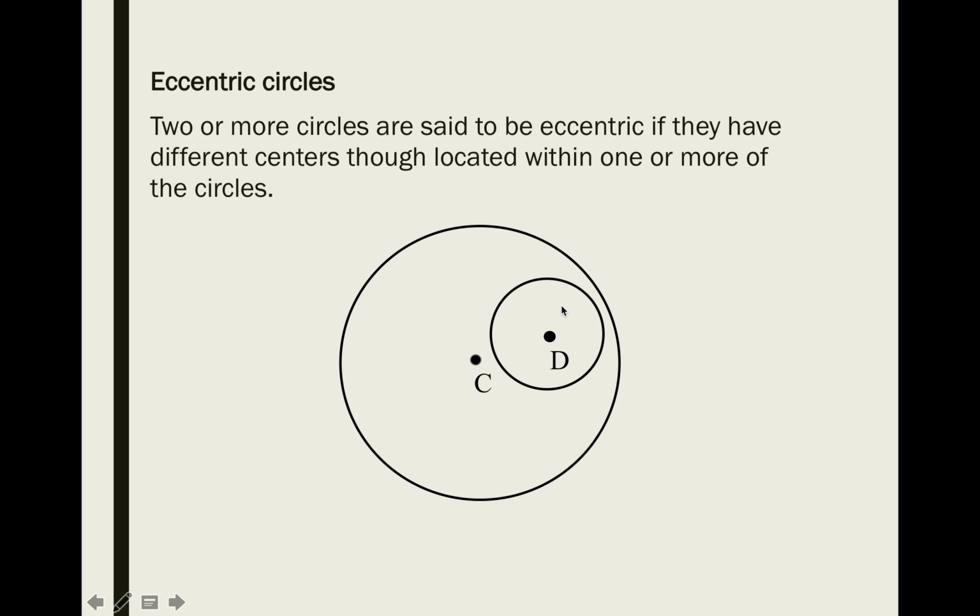So here I have a circle, but the center for this one is C. The center for the smaller one is D. However, they're going to be different, so we have no idea about what this is unless I'm given more information. All right, so eccentric means I have two circles, but the centers are not the same. And that is it.